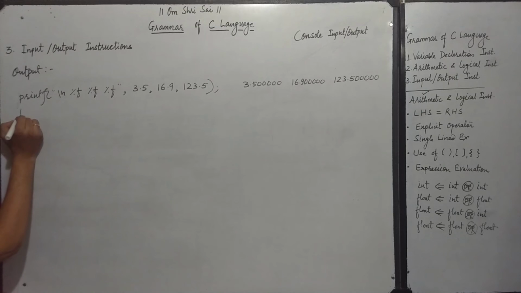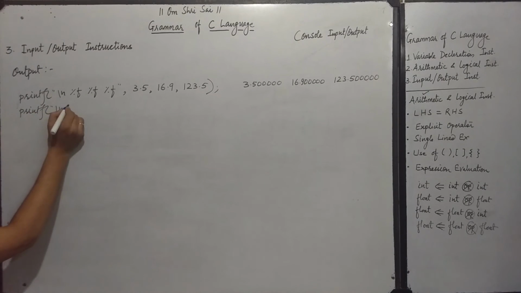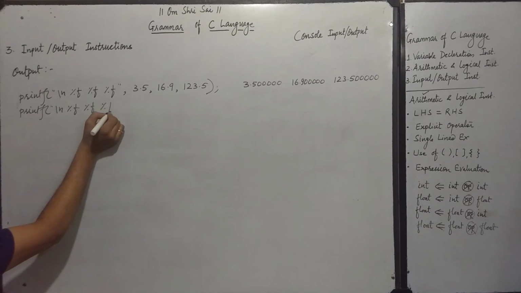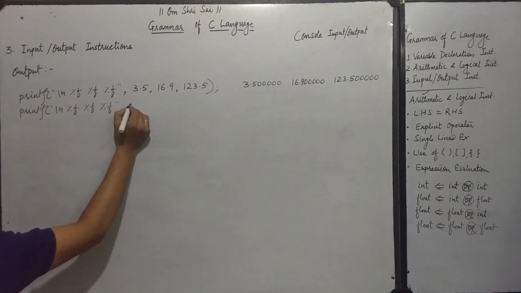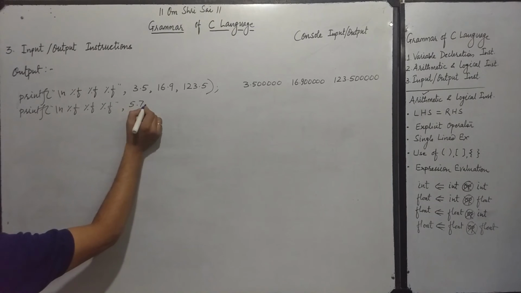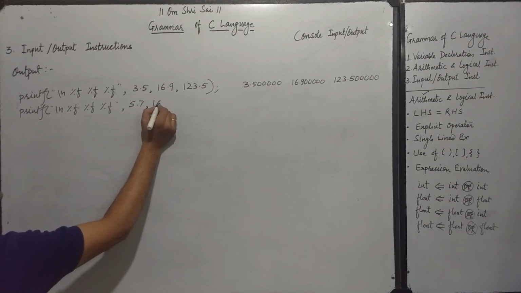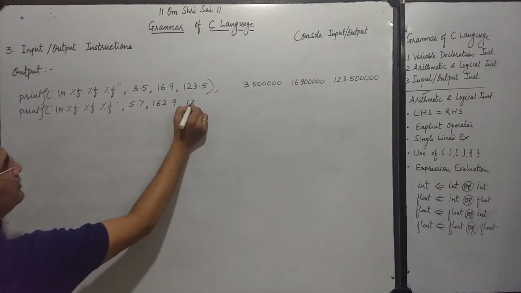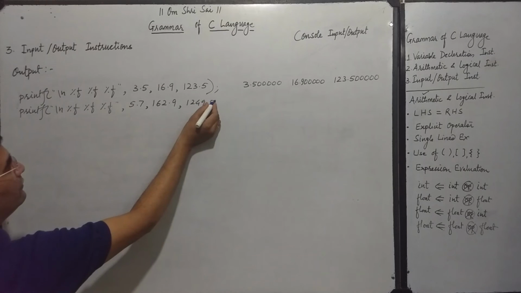If I write the same statement again, that is printf \n, then %f, and let's say write 5.7, comma, 162.9, comma, 1249.5.